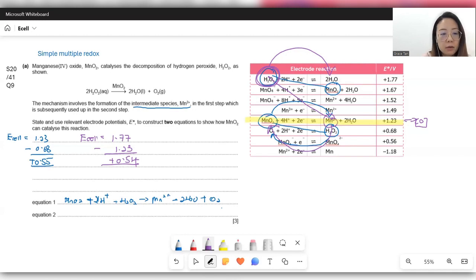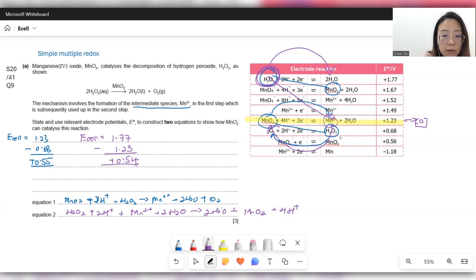All right. So how can we construct the second equation? We will start constructing the equation something like this. H2O2 plus 2H plus, plus Mn2 plus, which is the intermediate that we use, plus 2H2O, to give 2H2O plus MnO2 plus 4H plus.